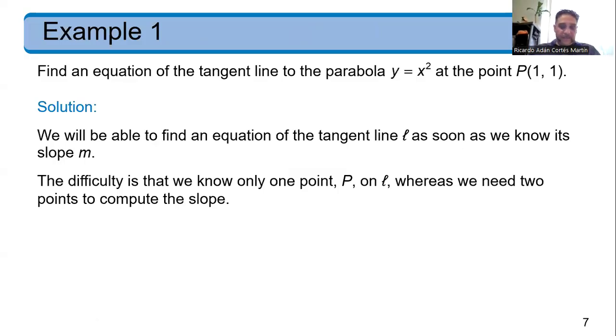So let's see, how would we work this out to find a tangent at a point P of a parabola? Take the parabola y equals x squared. How do you picture this?